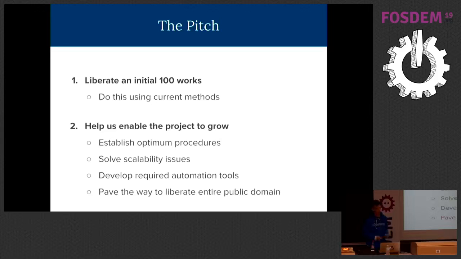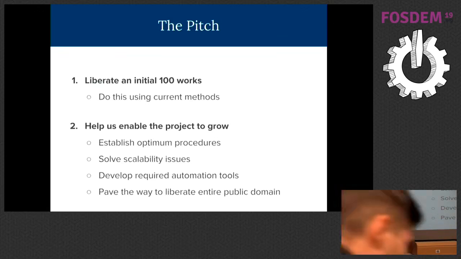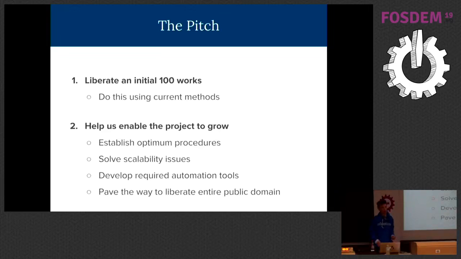This was a concrete goal, and then the more abstract aim of the project was that by backing this project, you'd also be helping enable it to grow in the future. So we would use these 100 works as a trial at scale to try and establish the best procedures for doing the transcriptions, to solve any scalability issues, and develop the required automation tools to enable it to grow in the future, to eventually liberate all public domain music.